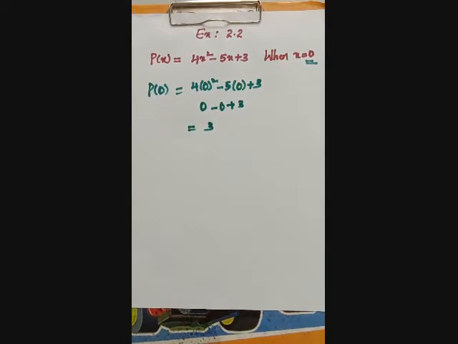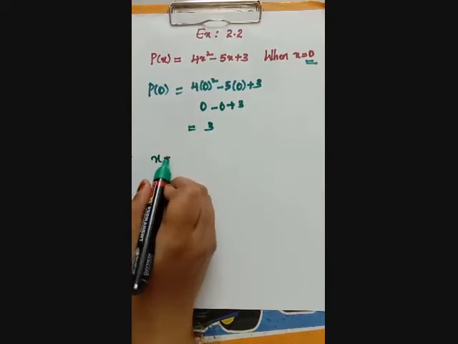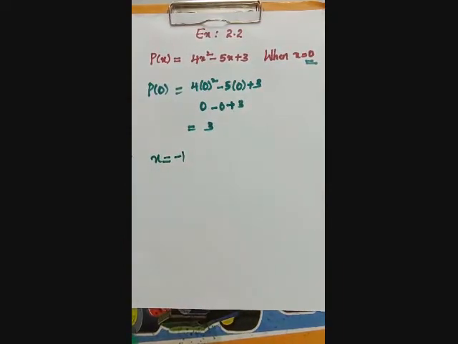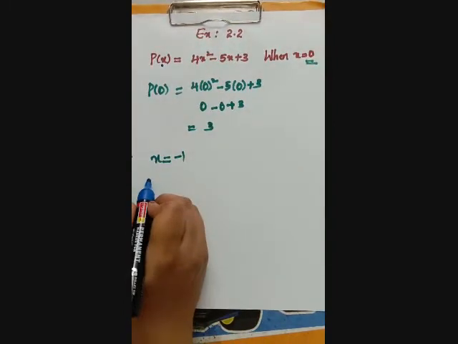See, this is a very important 1 mark, 2 marks question. This is even there in 10th class, so listen to this very carefully. Second one, when x is equal to minus 1. In the place of x, I am going to substitute minus 1.